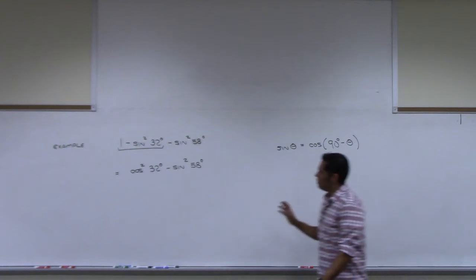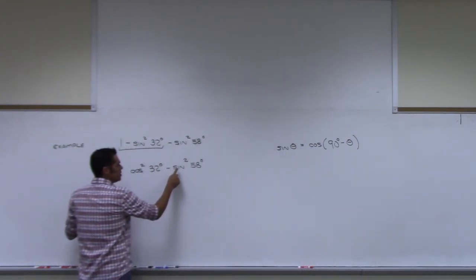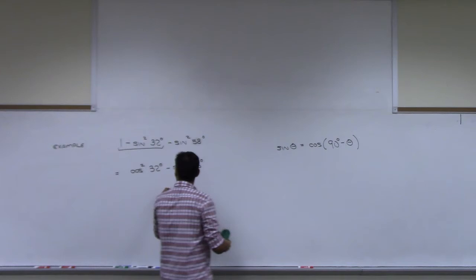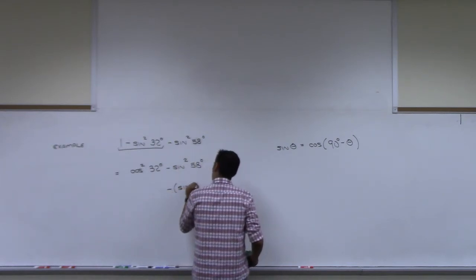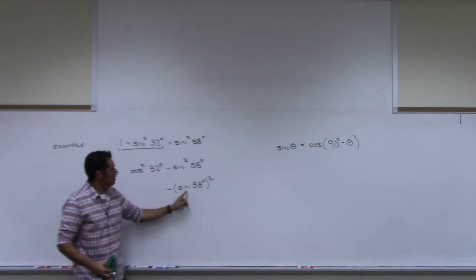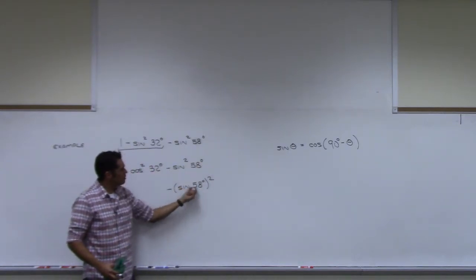So let's just mess with this. Sine squared of 58 degrees. Just so we're not getting confused with that squared, this really means sine of 58 degrees squared, right? Sine of 58 degrees. Let's try that formula.